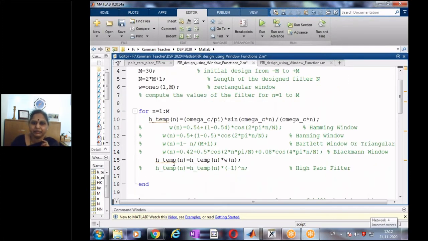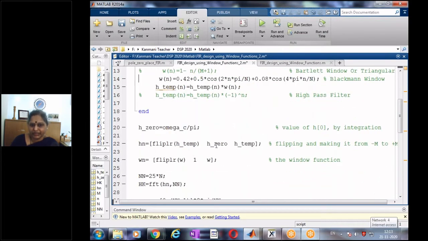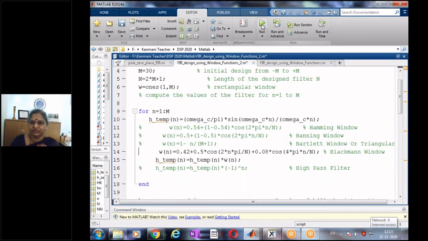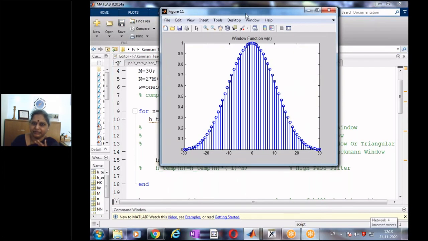Now let's take the other window. Let's take the Blackman window, which is given by this expression. And let us see what happens when I use the Blackman window. So we have 0.42 plus 0.5, and I'm just computing 1 to m in the loop, and afterwards I flip it and I put the value at the central value. So let me run. This is my Blackman window.